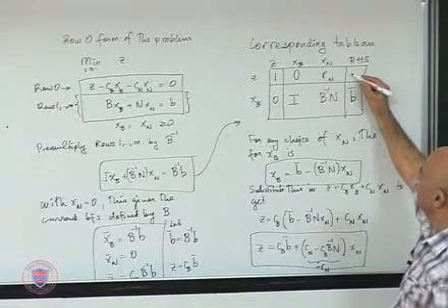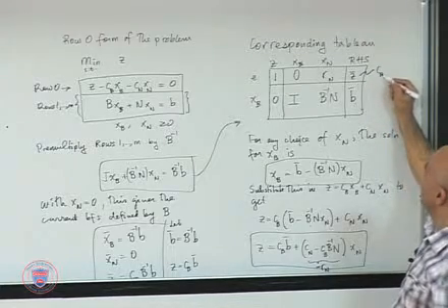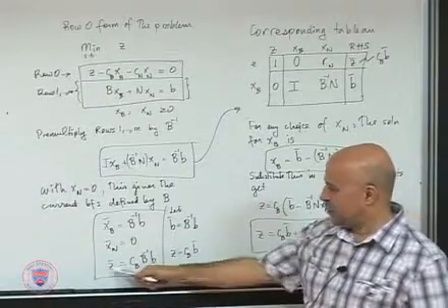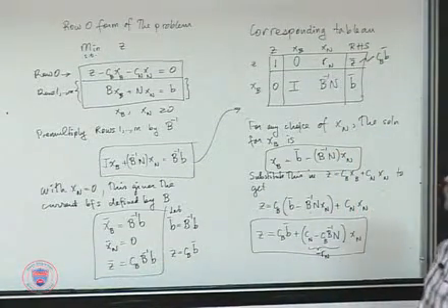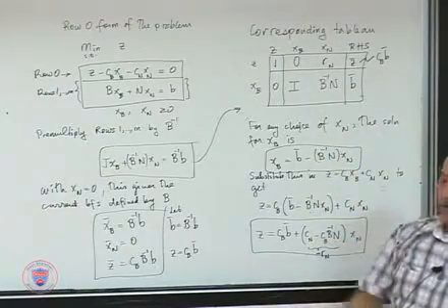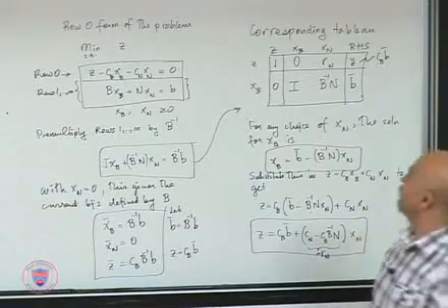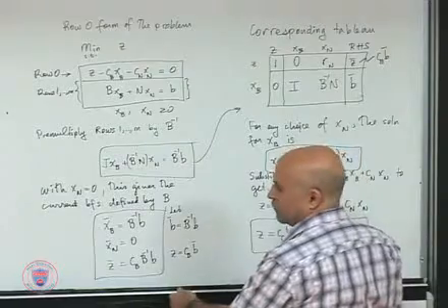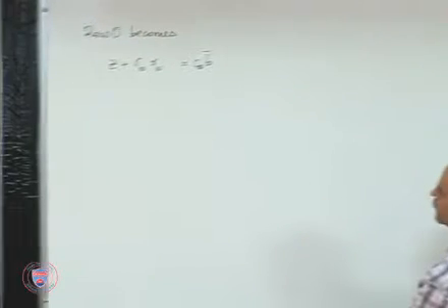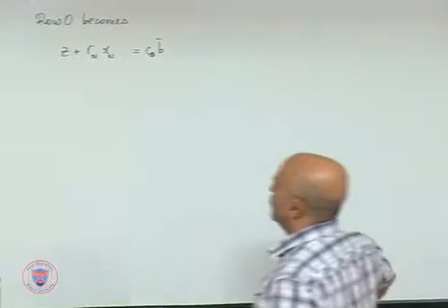You've got z bar, because that's your Cb b bar. So this part came only after I figured out what row 0 ought to be. All right, so we've got this for row 0.